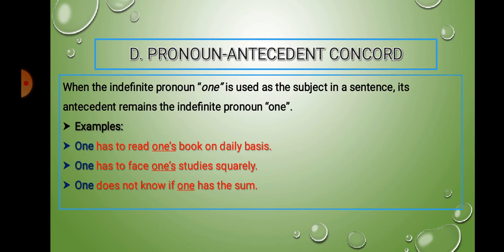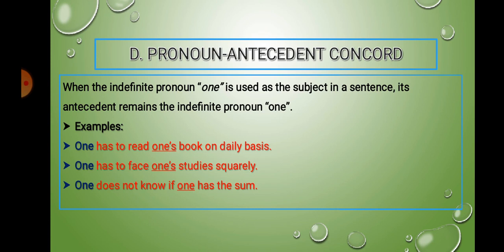What if the person that one is referring to is not a man? Then we will be violating the rules of grammar. Let's look at the examples. One has to read one's book on daily basis. One has to face one's studies squarely. And finally, one does not know if one has the sun.